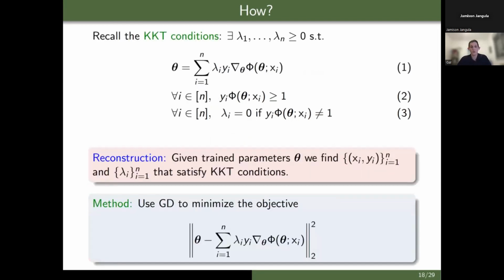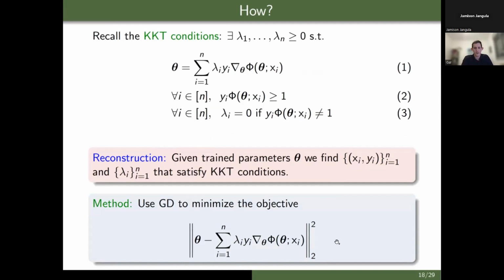And in order to be able to find a data set that satisfies these equations with respect to the parameters, we mostly use the first equation, number 1, which is called the stationarity condition. And in order to find a solution, we run gradient descent over the objective given here on the bottom.